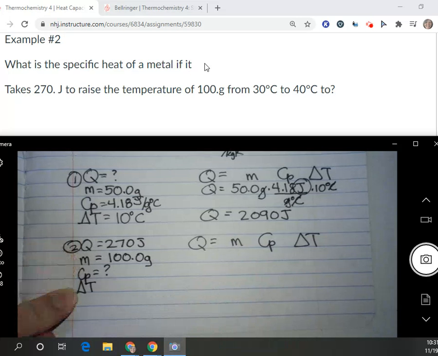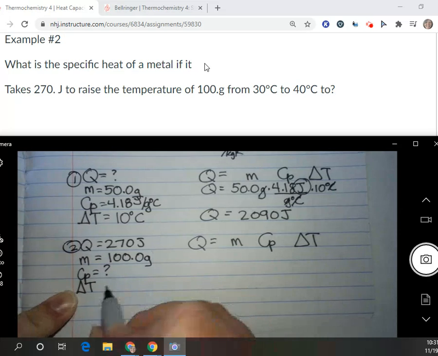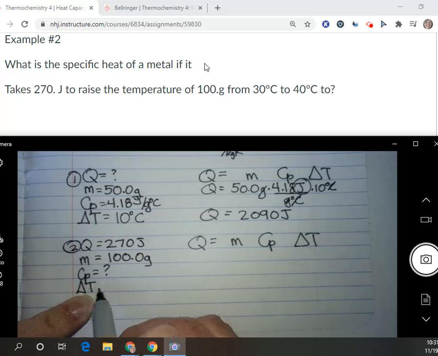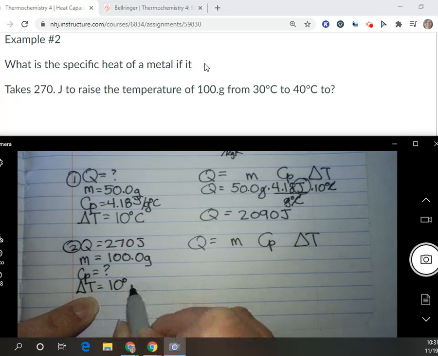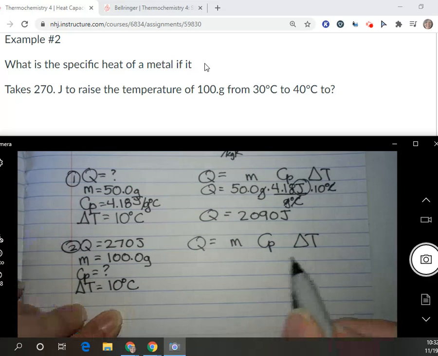The last one we have is delta T from 30 degrees to 40 degrees. Am I going to use either of those numbers? No. I am going to use the difference. So the difference, the change in temperature, is a positive 10 degrees. So we went from 30 degrees to 40 degrees. So now I can just plug it in.